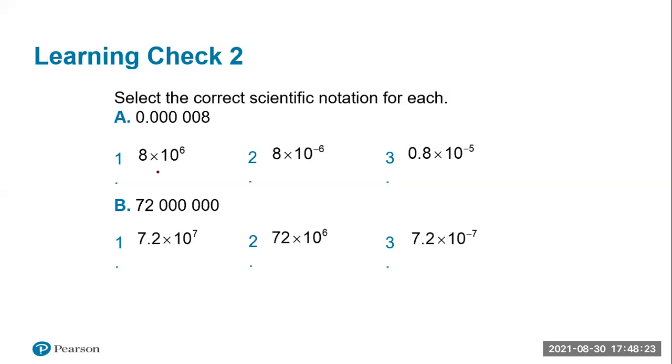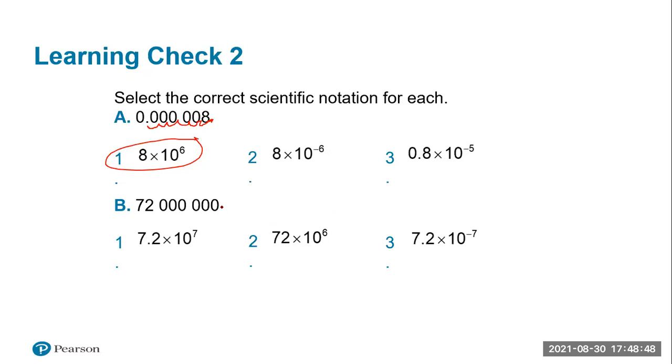If we look at each of these, looking for the correct scientific notation, we would need to go to the right here, 1, 2, 3, 4, 5, 6 places, and we would end up with 8 times 10 to the 6, which looks like this one here should be our correct scientific notation.